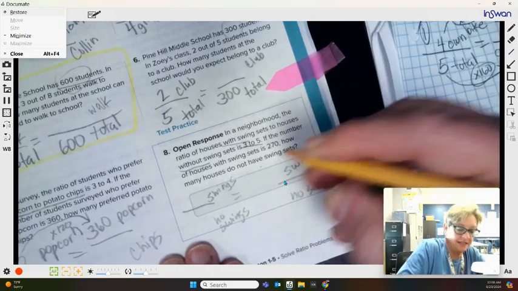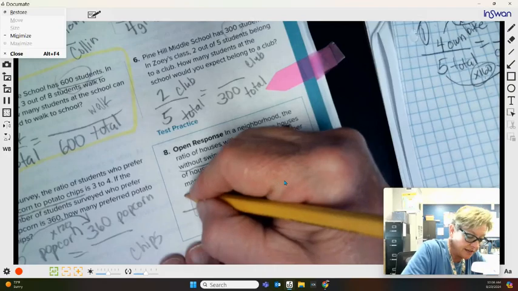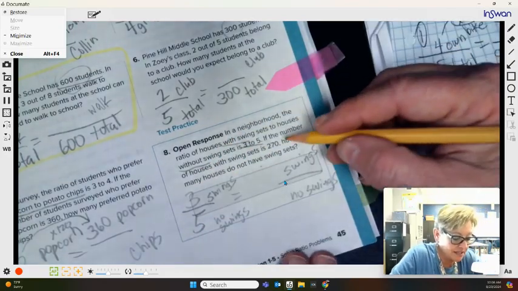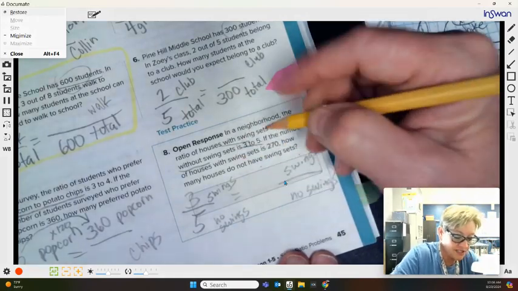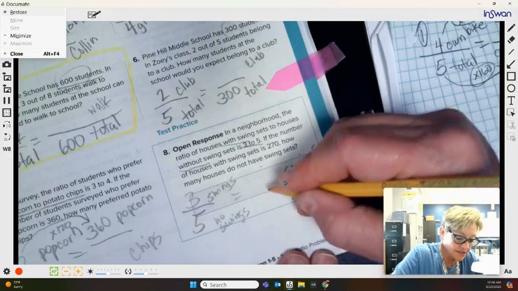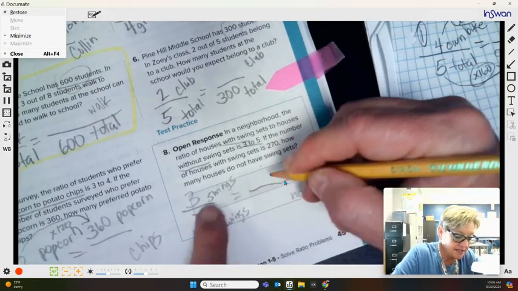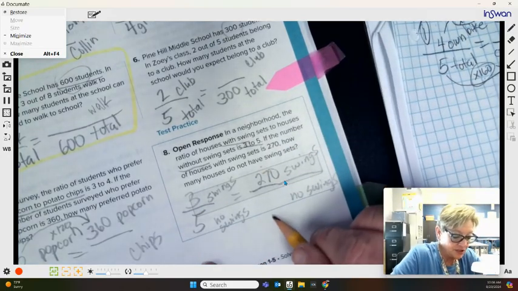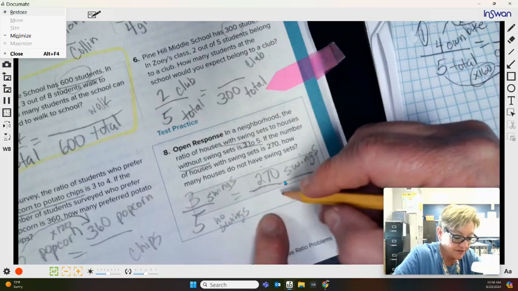So looking at this, it says 3 swings for 5 with no swings. It says if the number of houses with swing sets is 270, so the 270 goes with swings, so that would be on top, then how many do not have swing sets? So that's what we're trying to figure out.